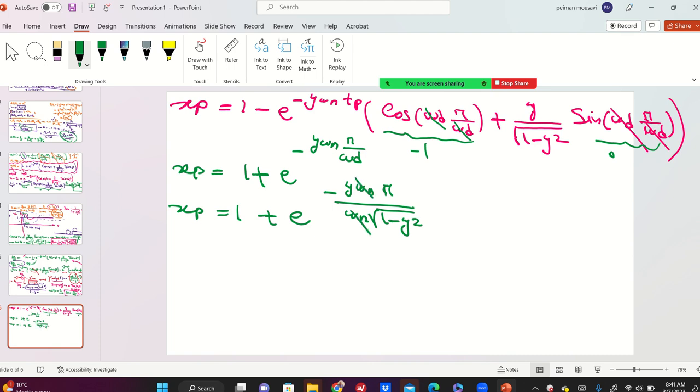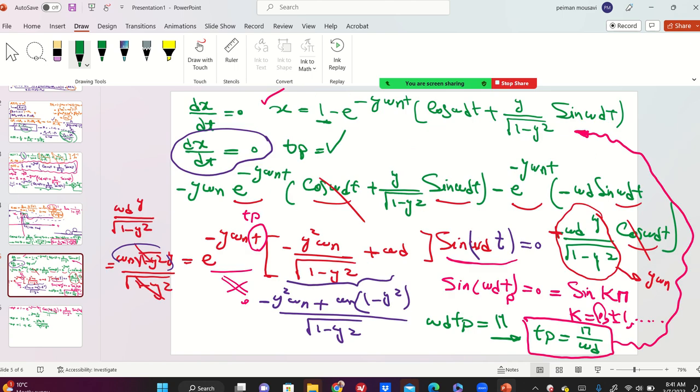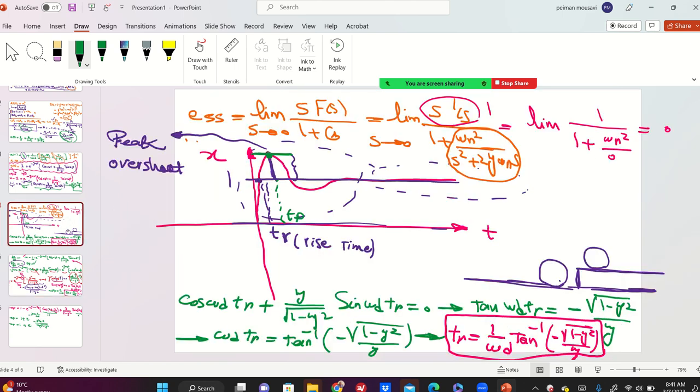Bingo. So I said peak, but I showed the peak as this distance, x of peak minus the unit step. This is the peak that you show with the maximum peak Mp in control.